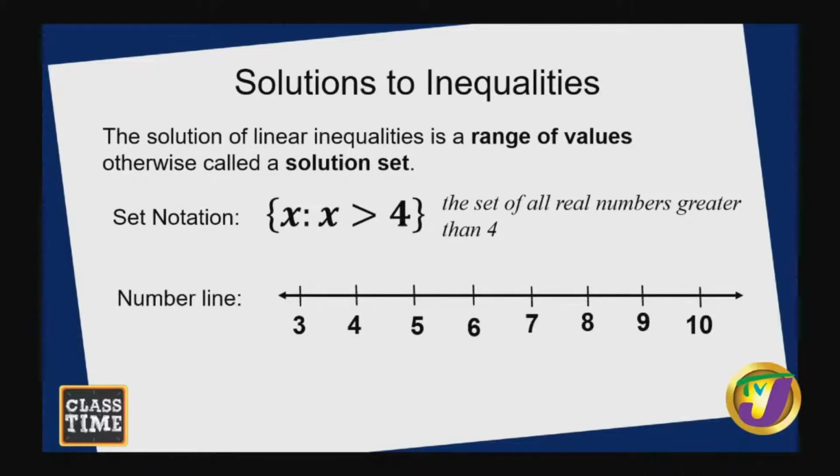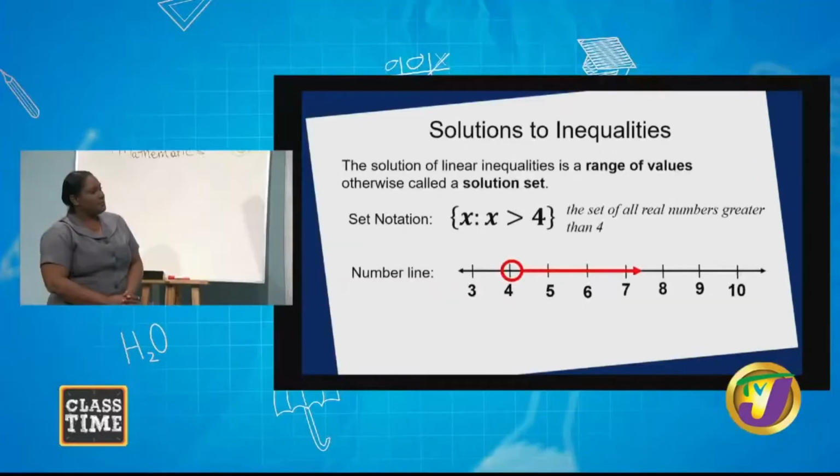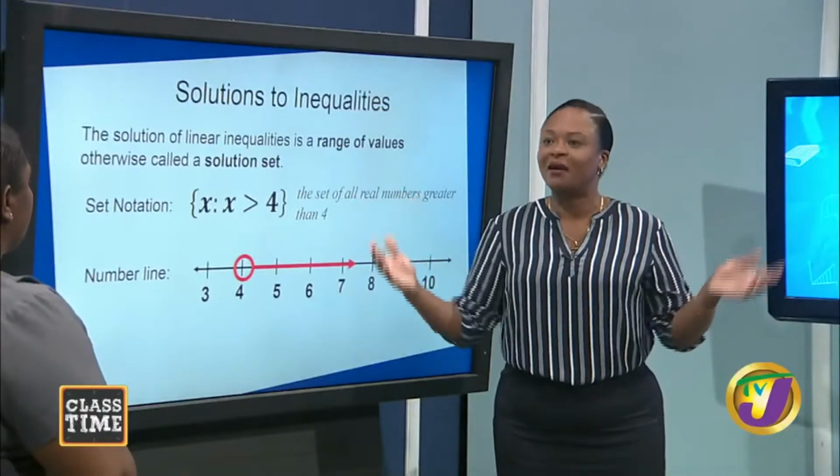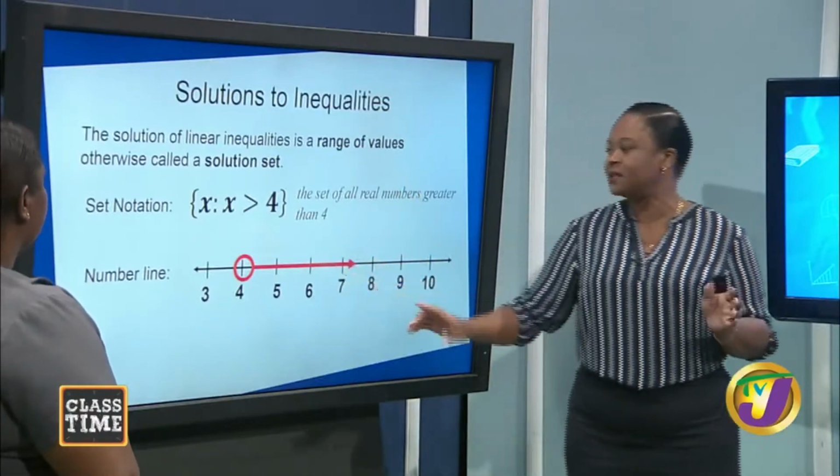There we have a ray with an endpoint starting at 4 and the arrow extending to the right, so we are thinking about all those values to the right of 4. Just to recap, we can represent it in set notation, and we can use the number line to assist us in clarifying and understanding.